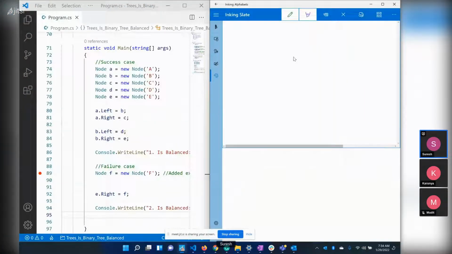So we have the tree like this, right? Here is A, and A left is B, and A right is C. And B left is D, and B right is E. This is what we have, right?